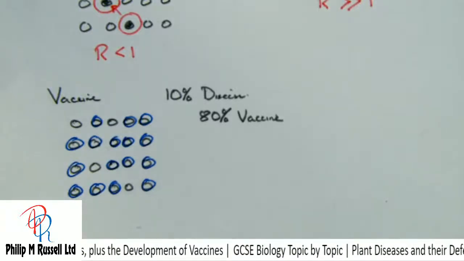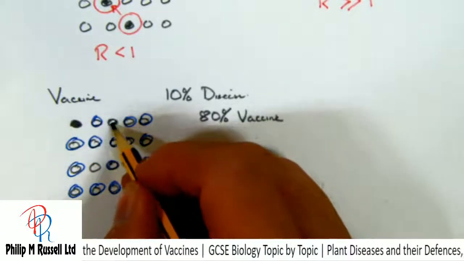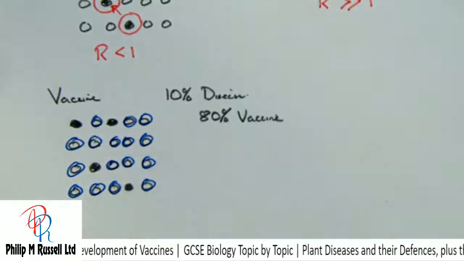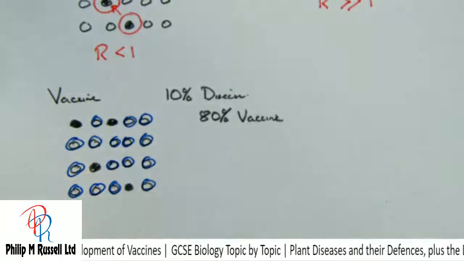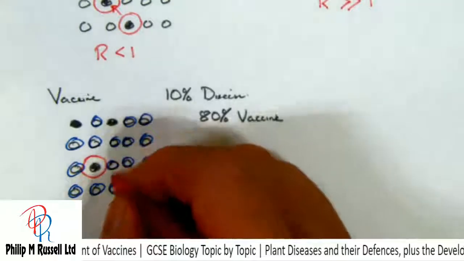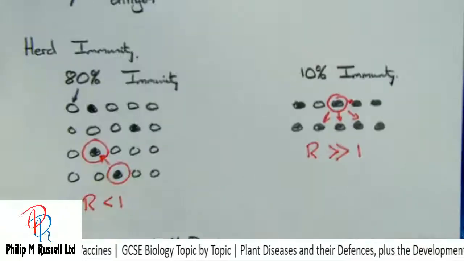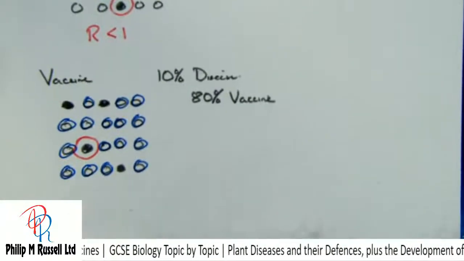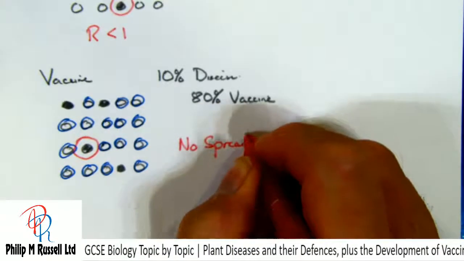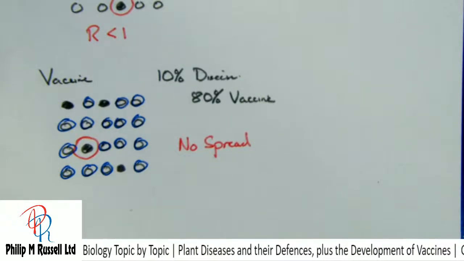Some may have had the virus, and so we're left now with only some people who are able to get the virus. And so if one of them catches the virus, now, much like having this large herd immunity, we've simulated that, and we've got no spread. And with no spread of the virus, then we're looking at things looking a lot better.